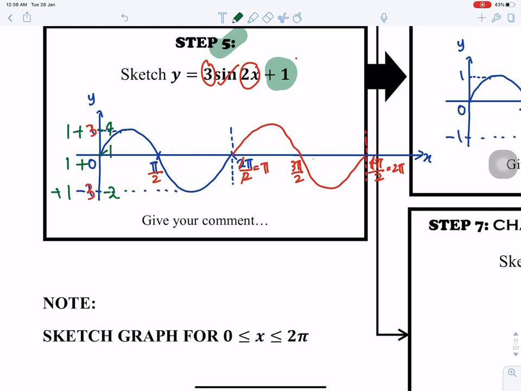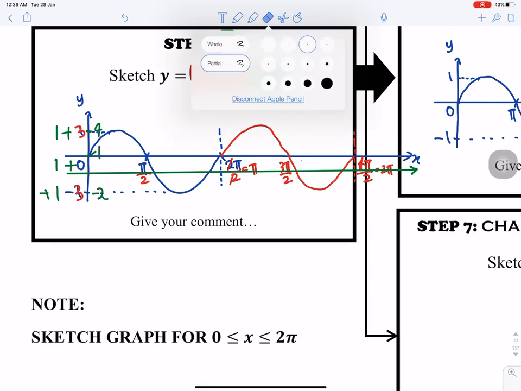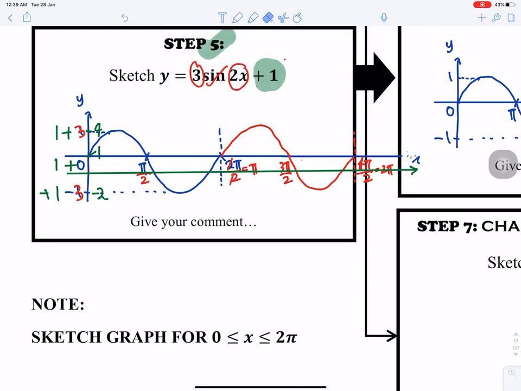Okay, and draw the x-axis. The blue color line is not the x-axis anymore. Now the x-axis is the green color, 0 here.